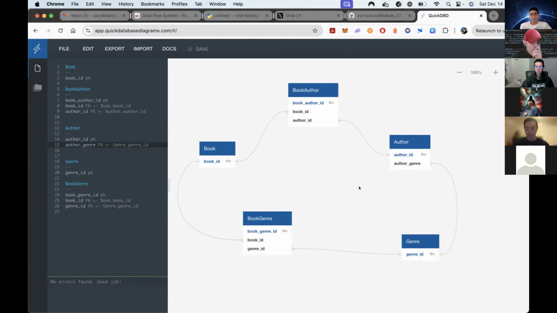A problem that we might have with this schema as it looks right now is this.